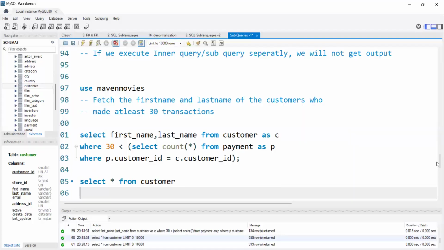My personal suggestion: no trainer should say to leave any concept, but from the interview point of view, please practice all the remaining concepts thoroughly. Be thorough with all the concepts, whether it may be clauses, operators, mainly joins, group by clauses, having clauses.